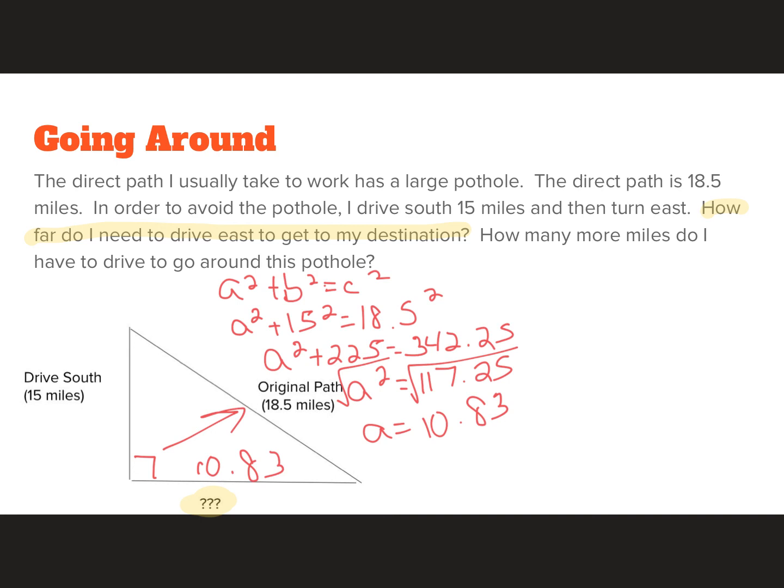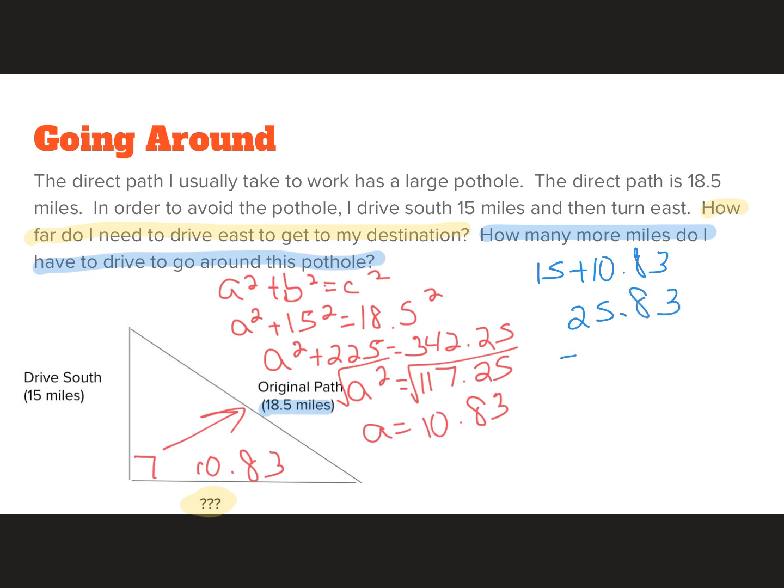Then I have another question, though. The other question asked me, how many more miles do I have to drive to go around the pothole? So my original route was 18.5. My new route to go around my pothole is going to be 15 plus 10.83, which is 25.83.